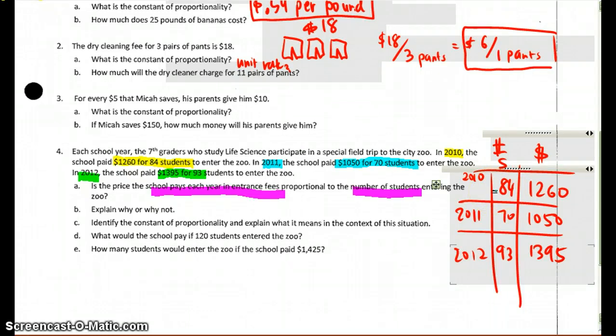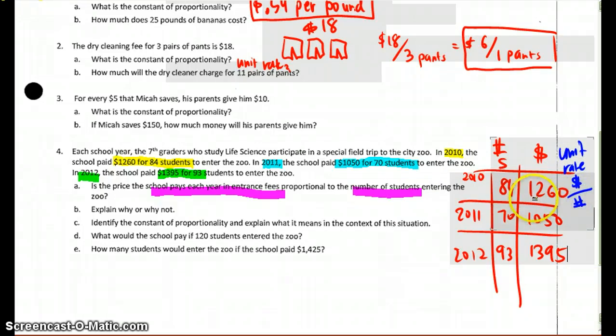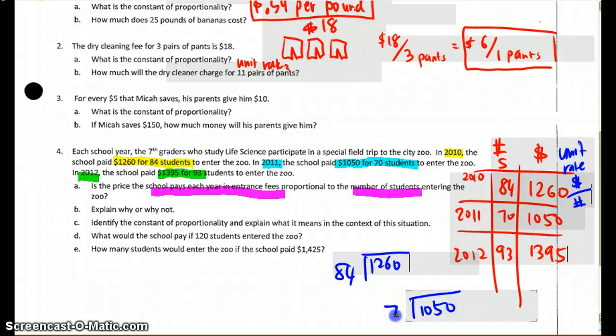So I want to find the unit rate. For each of these, I'm going to simply divide the price by the number of students. So 1260 divided by 84, 1050 divided by 70, and 1395 divided by 93.